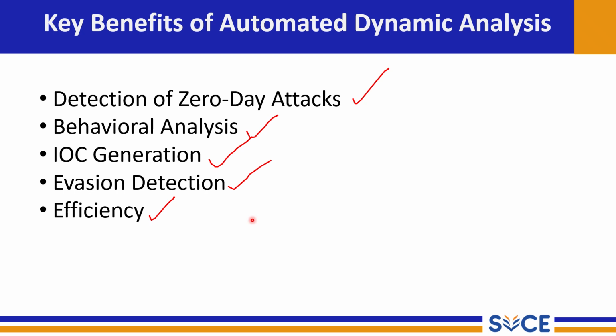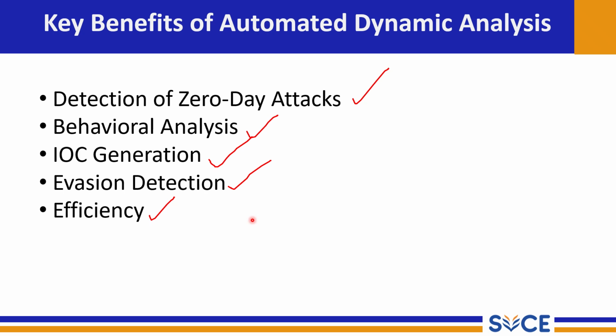It reveals true behavior. It executes the malware in a controlled environment like a sandbox to observe its actual actions, including file modification, registry changes, network communication, and process interaction.